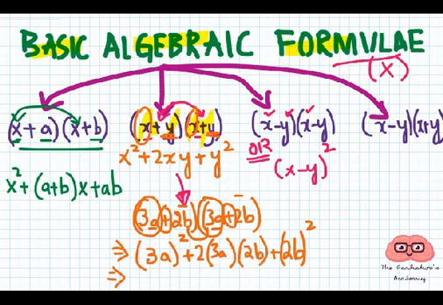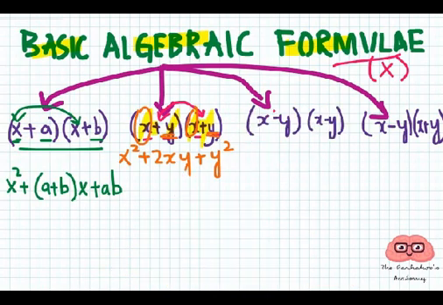Now you can simplify. 3 into 3 is 9a squared, plus 3 into 2 is 6, 6 into 2 is 12ab, plus 2 into 2 is 4b squared. So here we go. It saved us from the long method of multiplication by splitting one expression and then multiplying it with the next one.